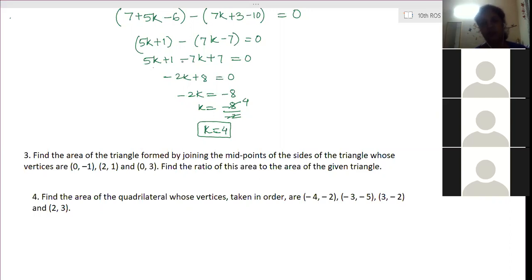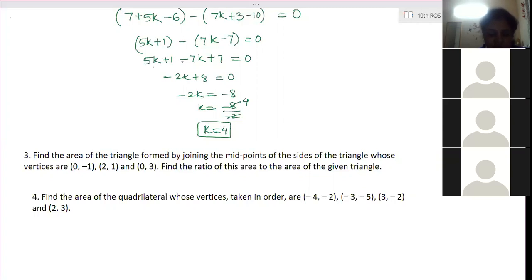And the ratio will be? 4:1, sorry, 1 is to 4. Ma'am, calculation mistake, ma'am.